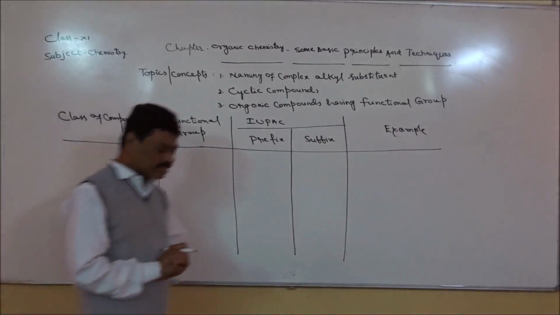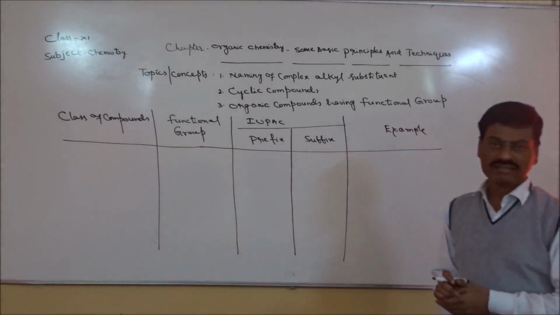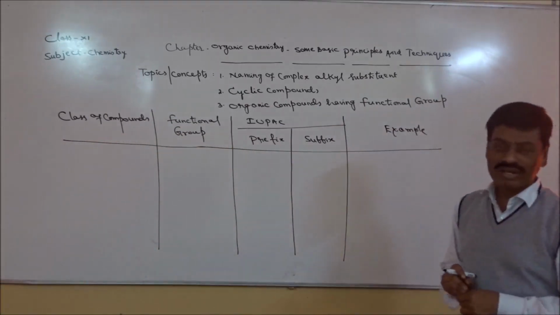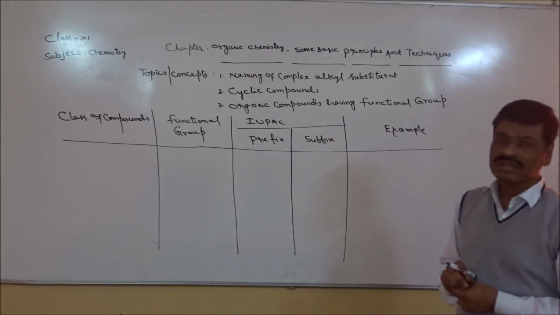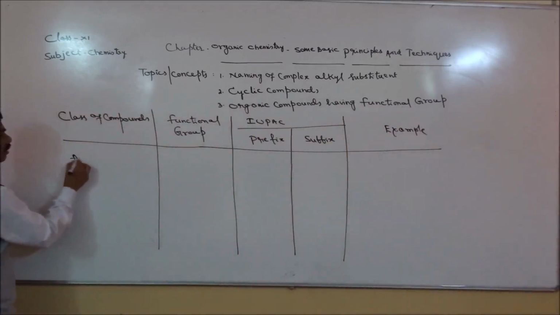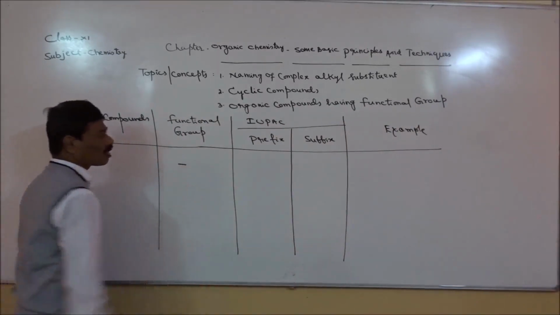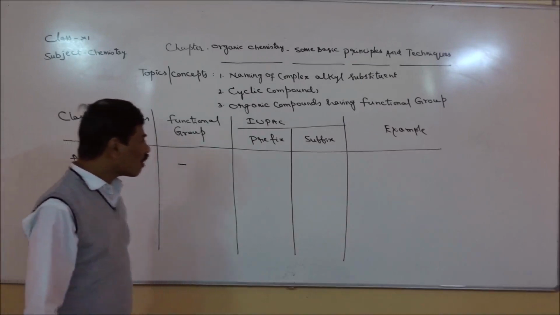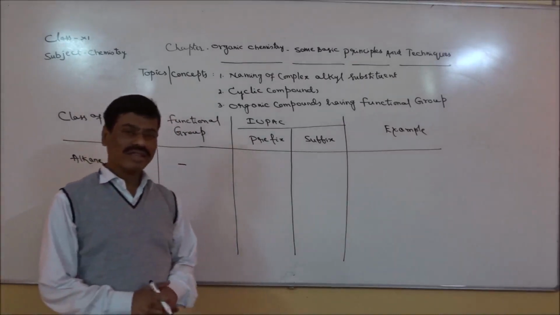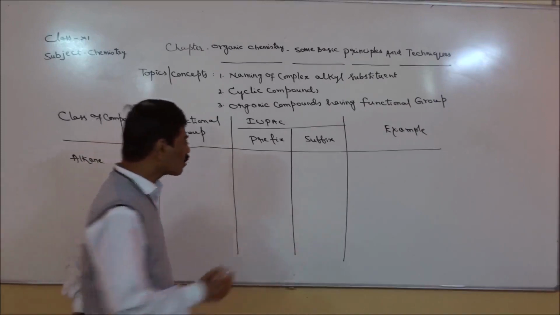If you take saturated hydrocarbons, meaning alkanes, they are made up of carbon and hydrogen with single bonds, right? So the first class of compound is alkane. Now in the case of alkane, the name has the characteristic ending, that is "ane", and that is nothing but the suffix.